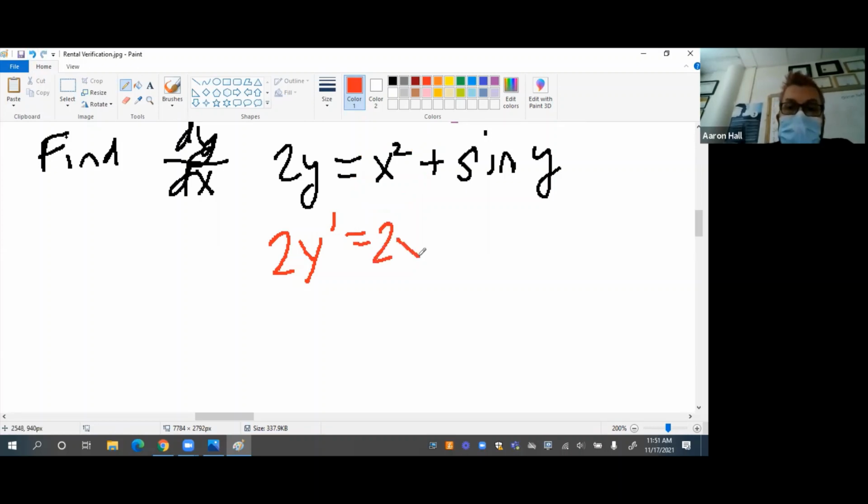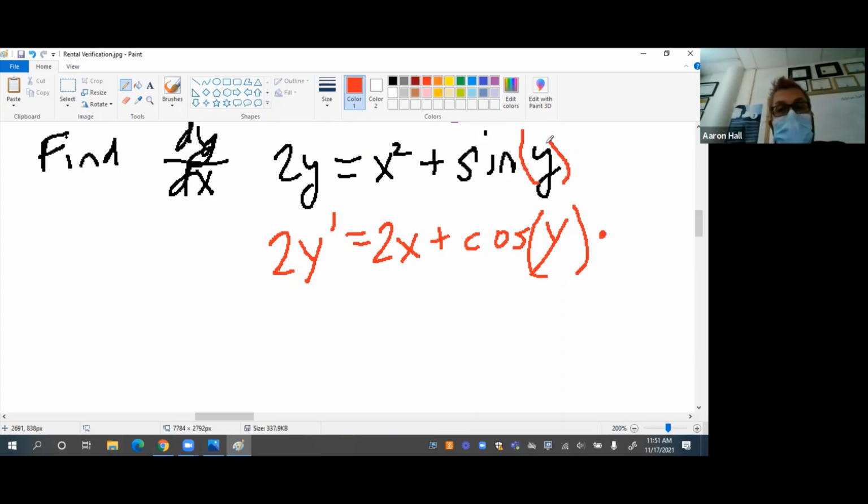Yeah, I agree with you. This piece? Yeah, this is going to be cosine of y times. So we took the derivative of the outside function times the derivative of the inside function.